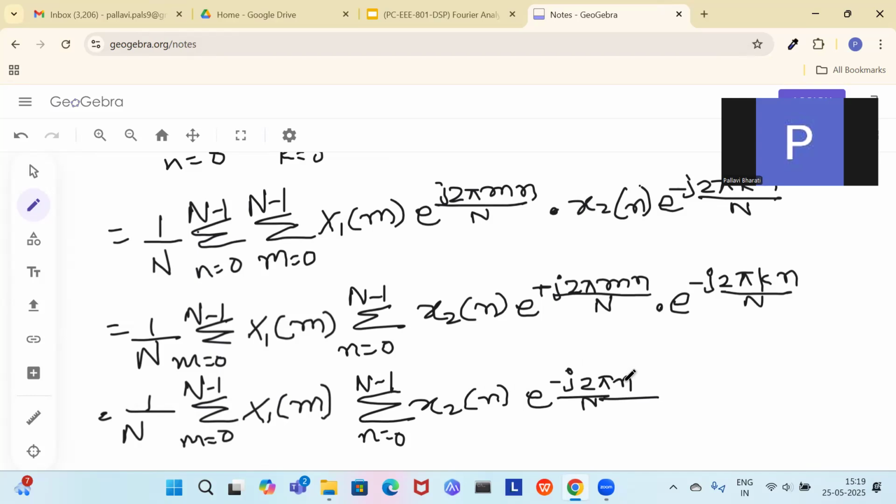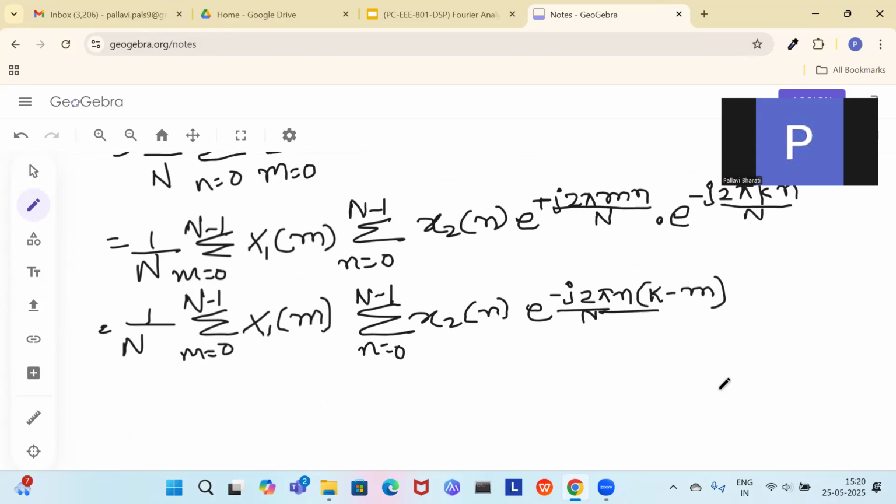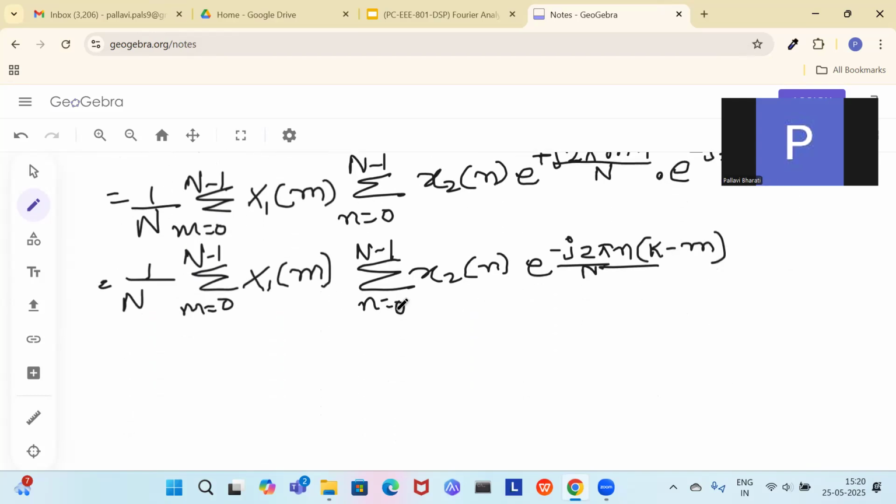The rest of the thing, what is the formula of the DFT? Whenever we write e to the power minus j2 pi k n by n. So in the place of k, we are having over here k minus m. Now this k minus m is basically the DFT for x2, k minus m modulo n.